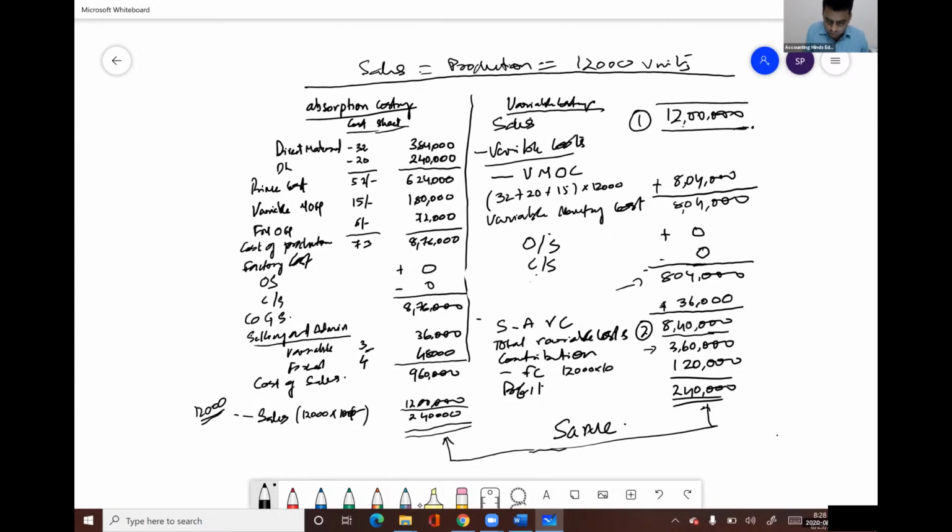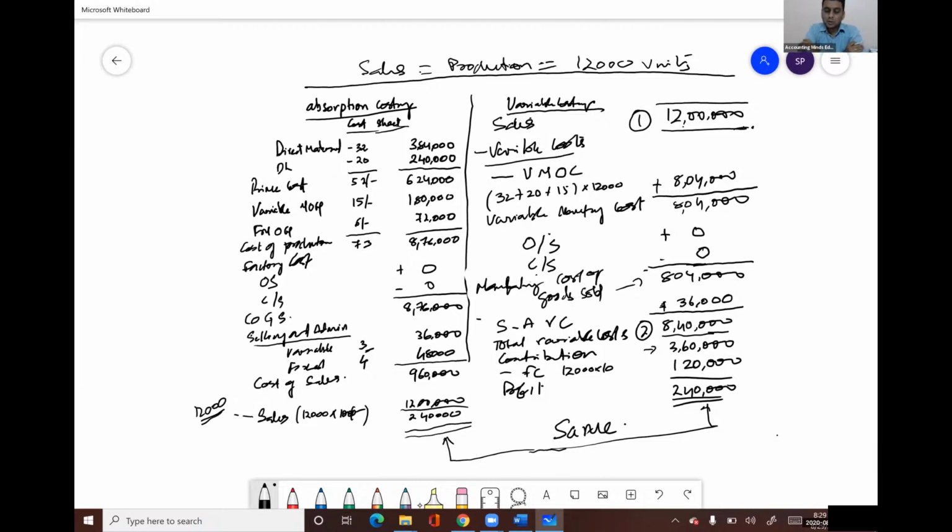Install. What did you put there? Manufacturing variable cost. Manufacturing cost of goods sold.